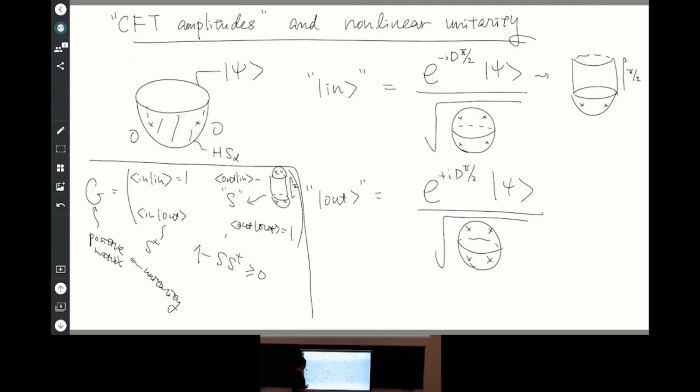One thing I can say is that imagine you have a bunch of in states and a bunch of out states. If you include a lot of states, then after a certain point this matrix G starts having a zero eigenvalue because rows and columns become non-independent, right? If that happens, the determinant of G must equal 0, and that roughly corresponds to 1 minus S S dagger equals 0.